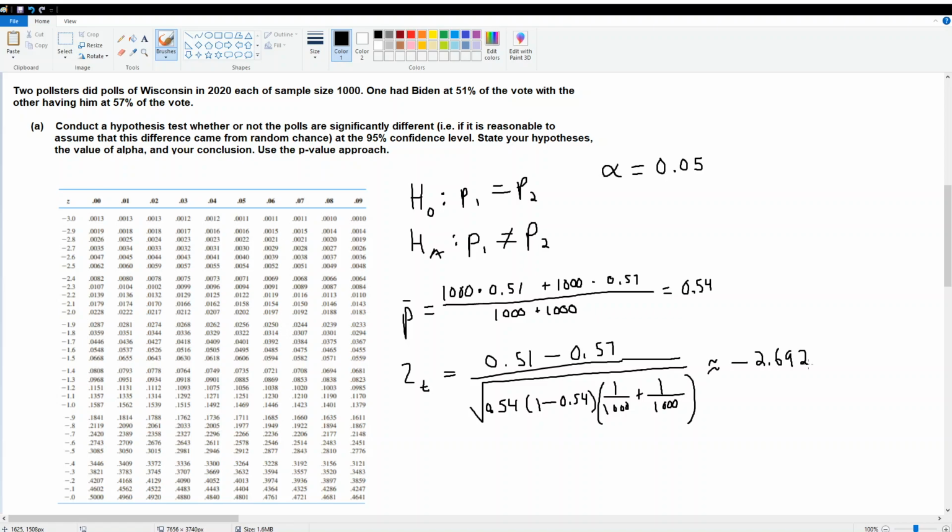Now, we need to get the probability associated with this test statistic. In this case, we're going to take negative 2.69. So we first look for the negative 2.6. That's right here. We then look for the 0.09, which is right here.